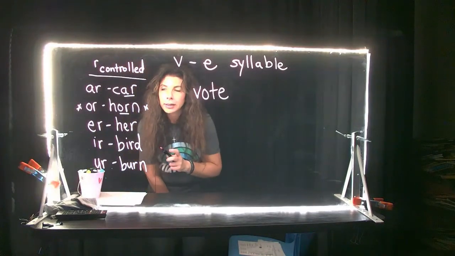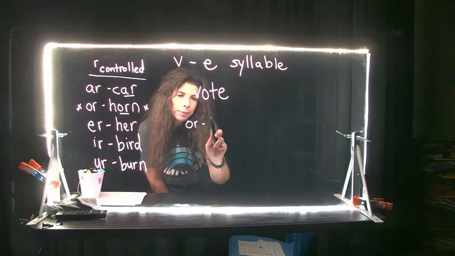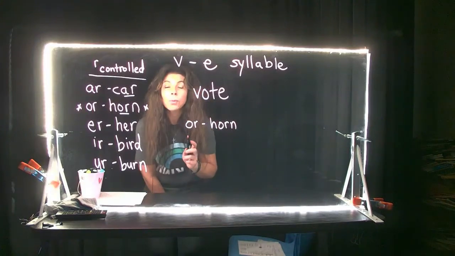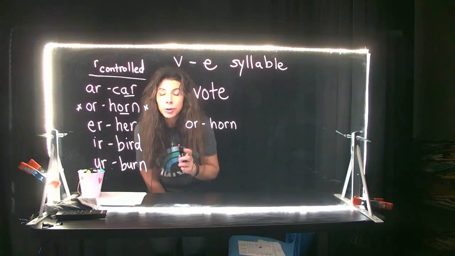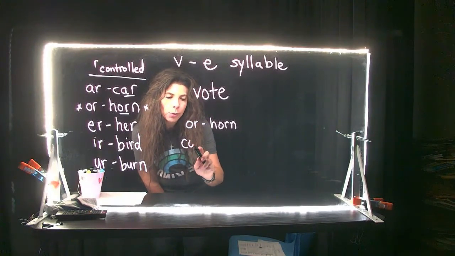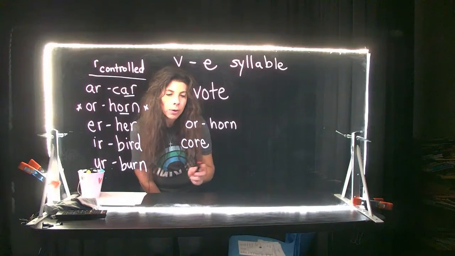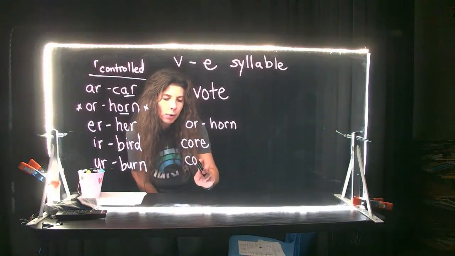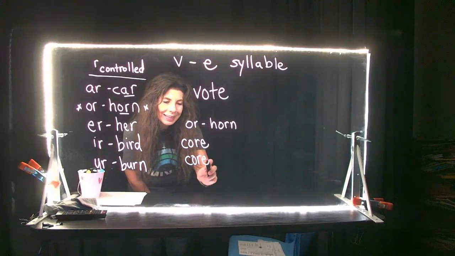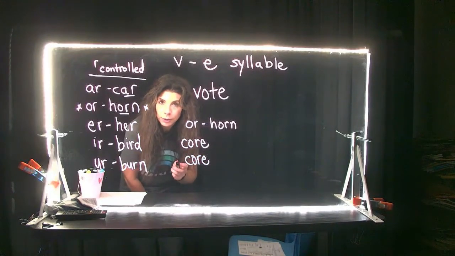Remember with the O-R, horn, if you hear the or sound at the end of a word, you need to put an E. So, for example, if you hear the word core, like the core of the earth is magma, we don't just put C-O-R. You must add that E, making it look like a vowel consonant E word.